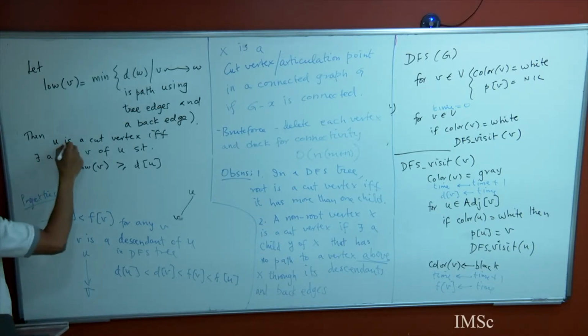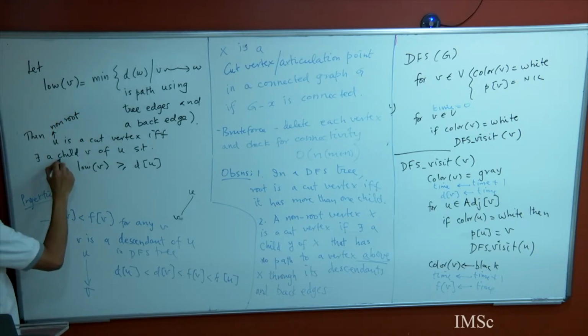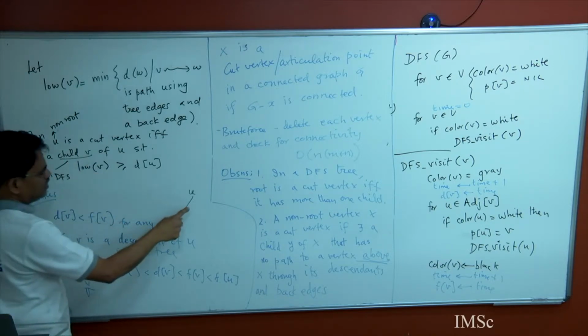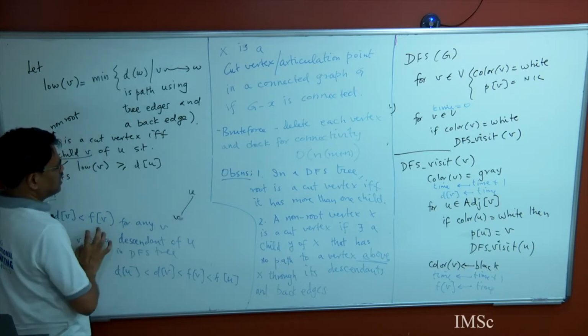Okay, so this is a non-root U. I mean, child when I say in DFS. So one direction is clear: if low of V is above, then U is a cut vertex because this becomes an isolated thing.